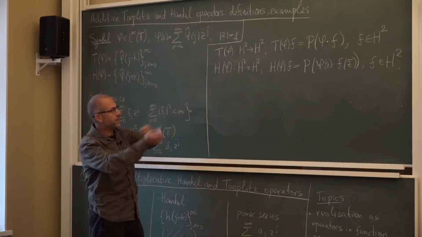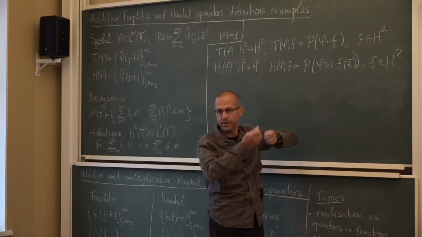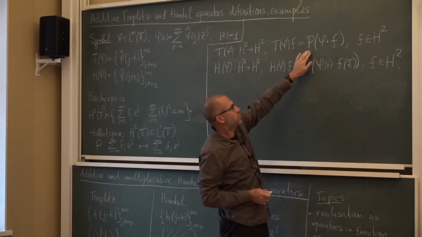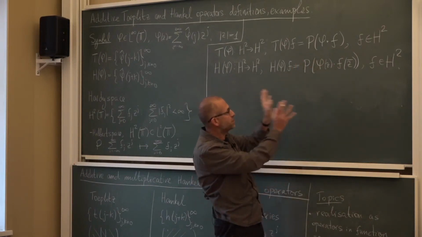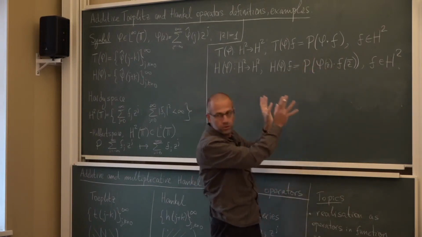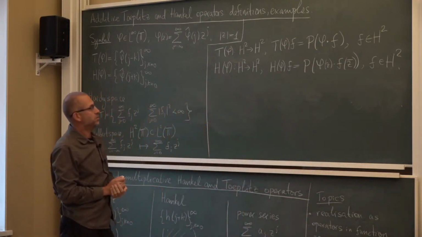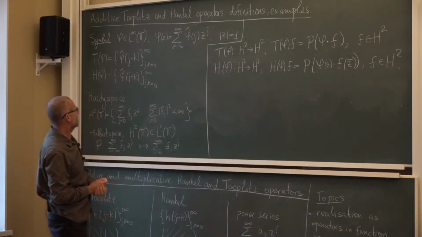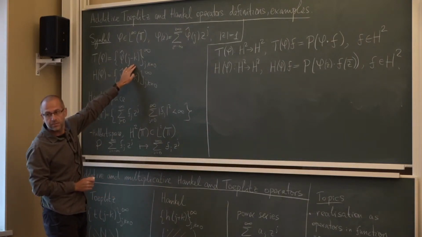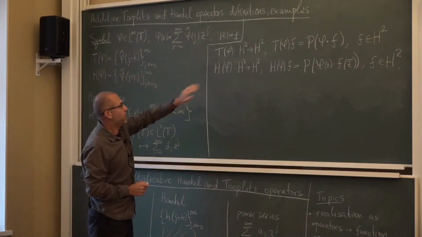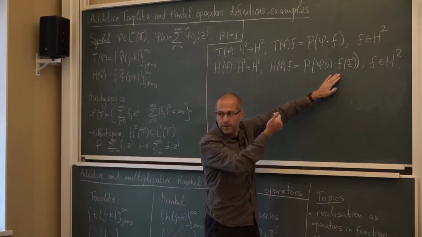So the analytic and anti-analytic parts get jumbled up after multiplication. But then I project back onto the analytic subspace. So in some sense, we can say that this is a compression of the multiplication operator onto the Hardy space. That's the Toeplitz operator. And we will see in a second that this is the matrix of a Toeplitz operator in the standard basis. For the Hankel operator, we do the same except for some twist.